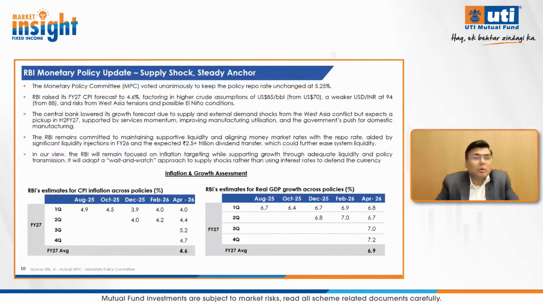They unanimously voted to keep the policy rate unchanged at 5 quarter, and they decided to maintain the neutral stance. The key assumption behind RBI's action is that it's a supply shock.